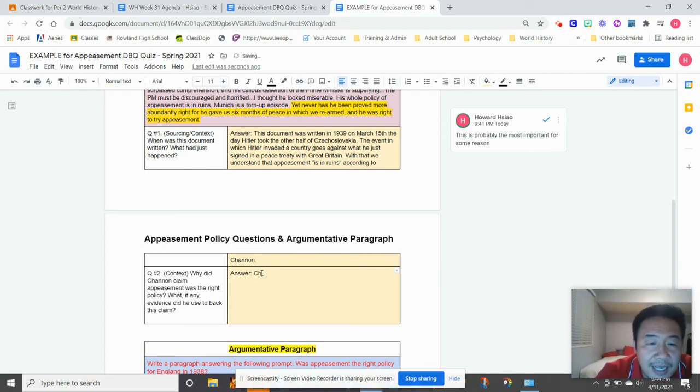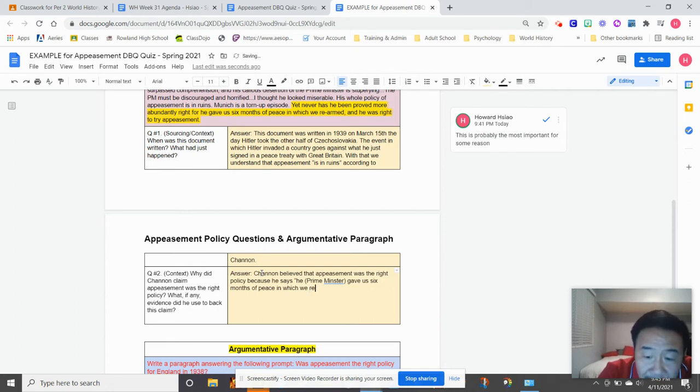Well, Channon believed that appeasement was the right policy because he says he, meaning the prime minister, that's Neville Chamberlain, gave us 6 months of peace in which he rearmed.